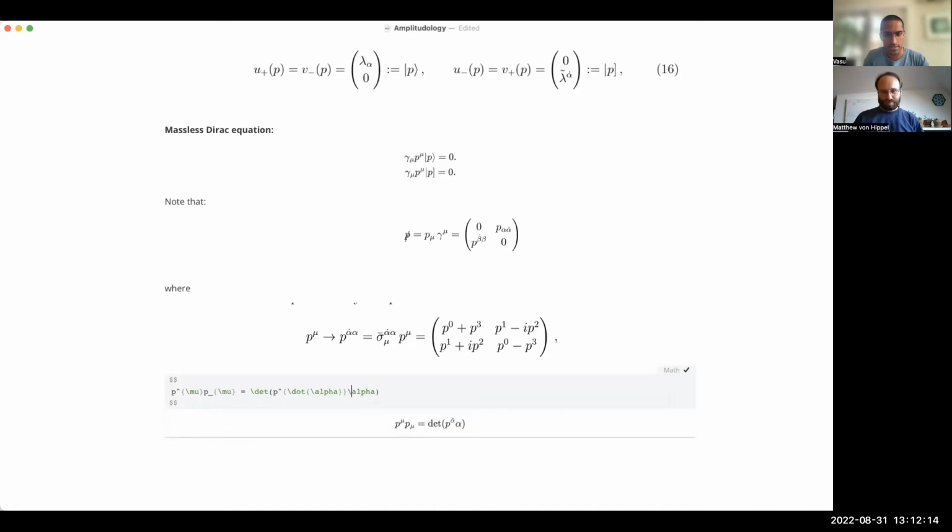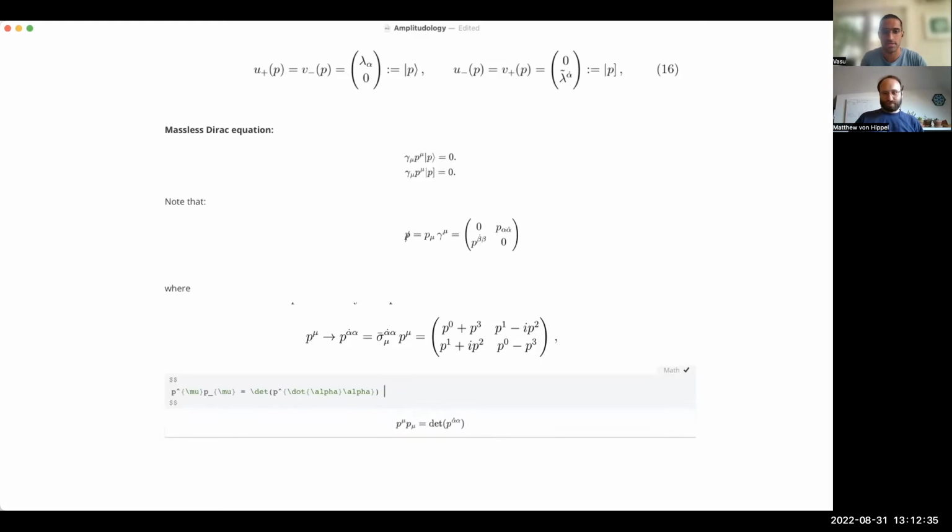And what is that going to be? It's going to be p0 squared minus p3 squared minus the whole of p1 squared plus p2 squared. So it's just p0 squared minus all the rest of the components, which is what we know.